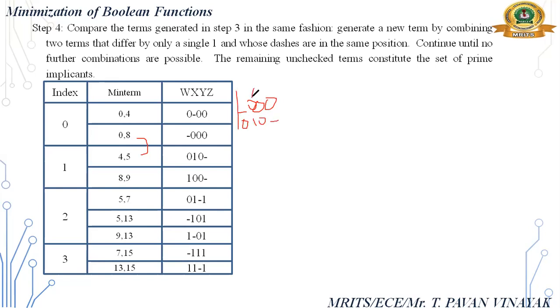One difference, two differences, three differences are there. Only when a single difference is available do we combine. We get three differences, so no need to check it. Stop there. Next, 0, 4 not possible, 0, 8 possible. So we didn't get any 0 index now.